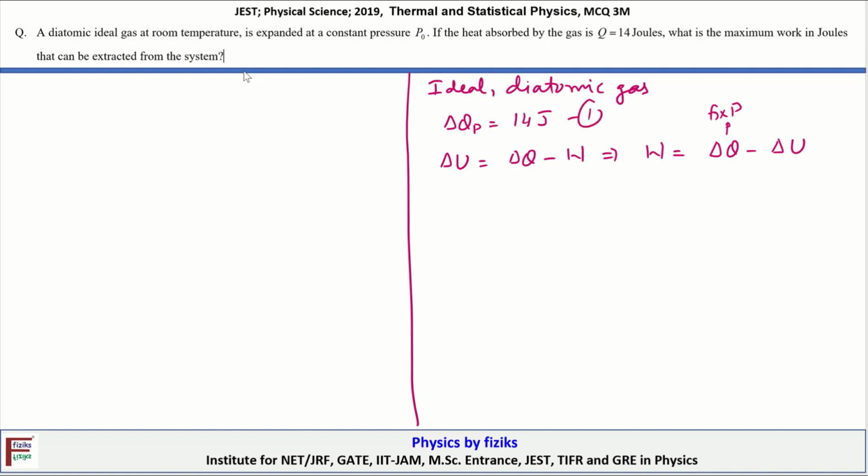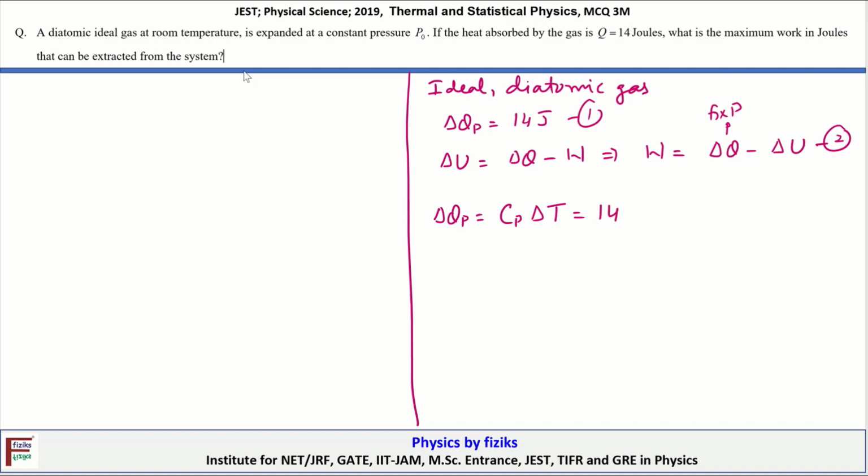Let's call this equation 1 and this equation 2. Now we know that Q_P, or delta Q_P, is equal to Cp delta T in the constant pressure process.